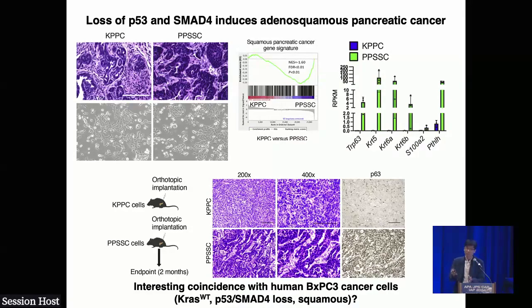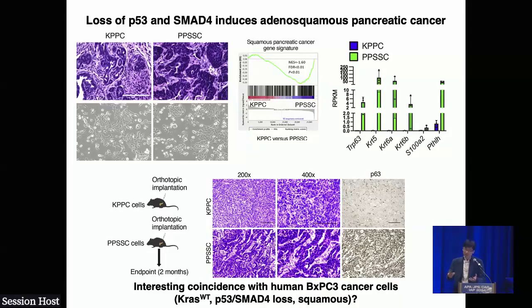However, in the 10% of KRAS wild-type pancreatic patient cases, 90% of them still get the classical adenocarcinoma subtype, but not the adenosquamous subtype. So it's something that we are studying. What would be the reason why the KRAS wild-type mouse model predominantly developed the adenosquamous subtype?